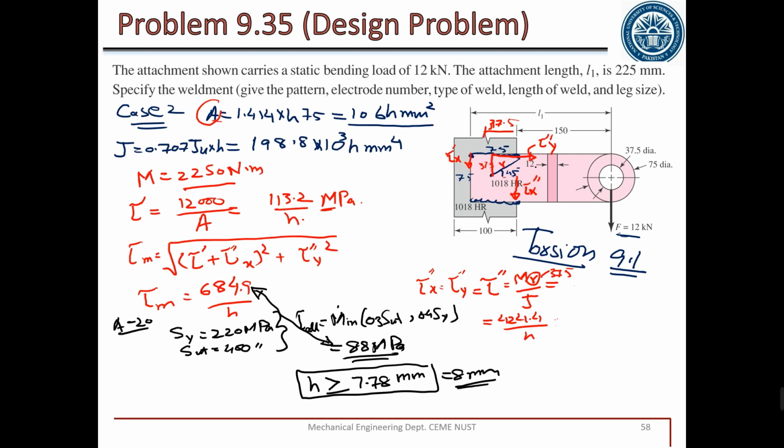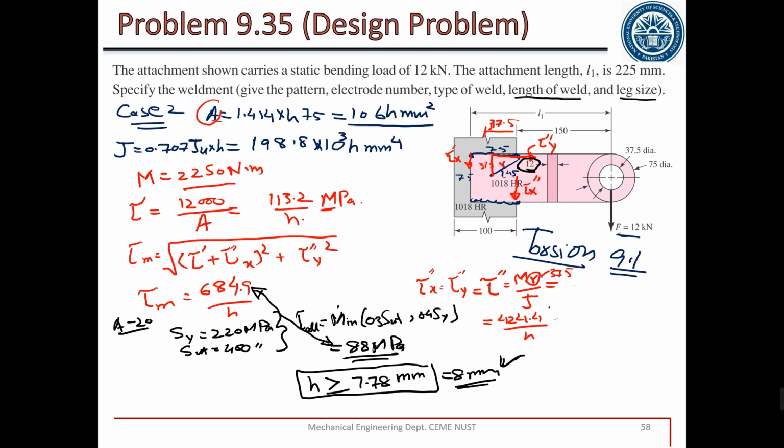What is the thickness of the plate? 12 mm. So on a thickness of 12 mm, an 8 mm size weld can be welded. So we will be using this as the final answer. So if the weld size is 8 mm, length of weld, leg size, we have a size of 8 mm, length of weld is 75 plus 75, 150 mm.